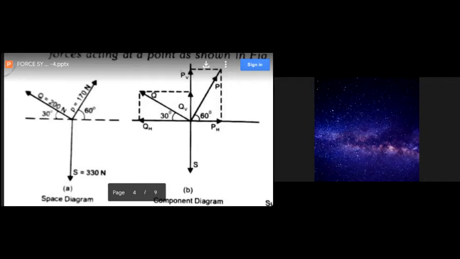So the resolution method means we have to resolve each and every force along horizontal and vertical, and we have to calculate the algebraic sum of all the vertical components of the force system, and next the algebraic sum of all the horizontal components of the force system.